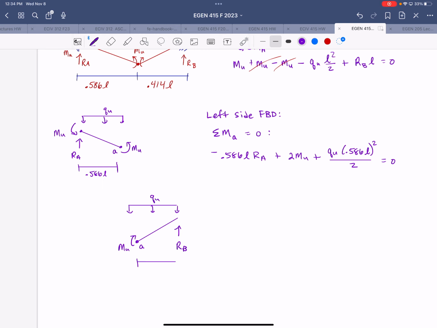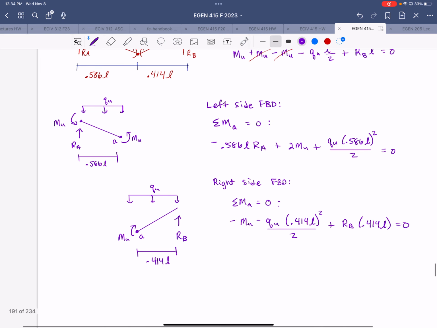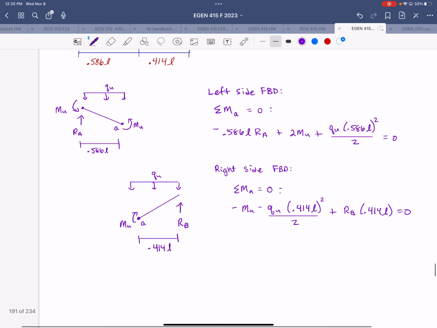And this distance is 0.414 L. So summing moments about little a, we get negative Mu minus Qu times (0.414 L) squared over 2 plus RB times 0.414 L is equal to 0. So now we have three equations with three unknowns.